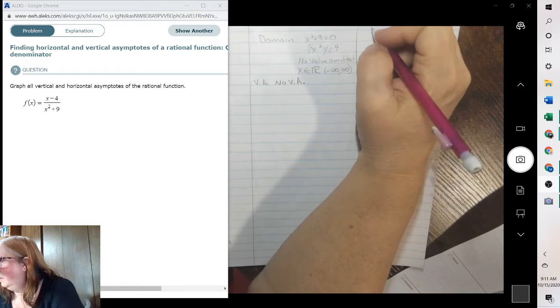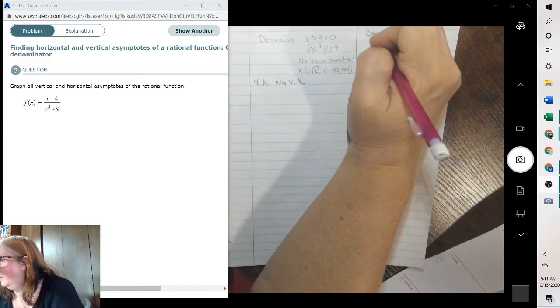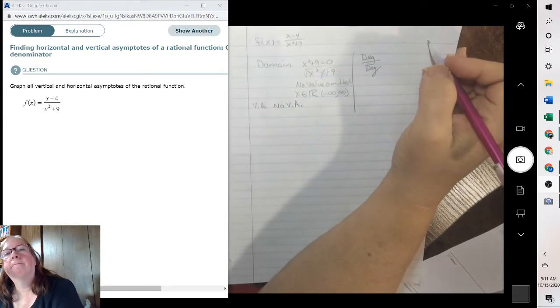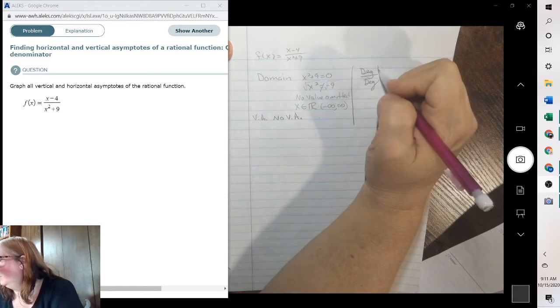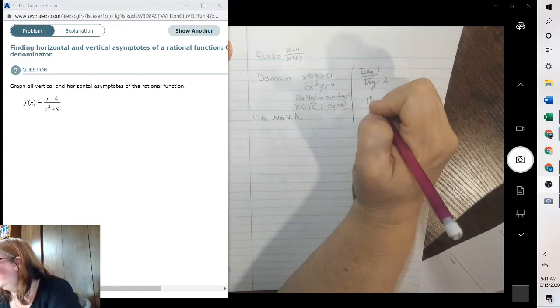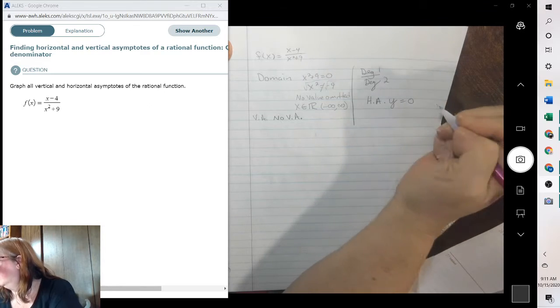To find the horizontal asymptote, you look at the degree of the top and the degree of the bottom. The degree of the top is 1 and the degree of the bottom is 2. When the degree on the bottom is larger, the horizontal asymptote is y equals 0.